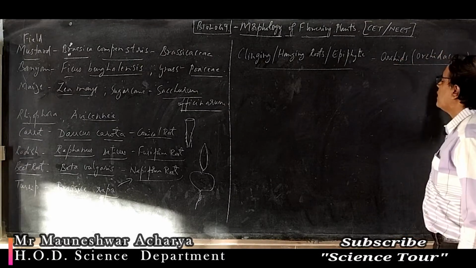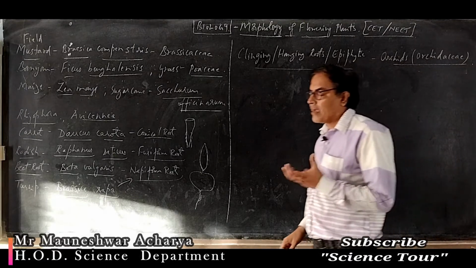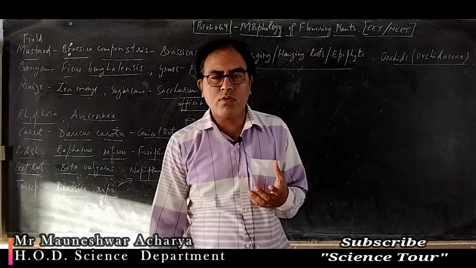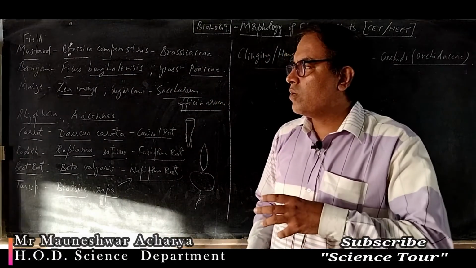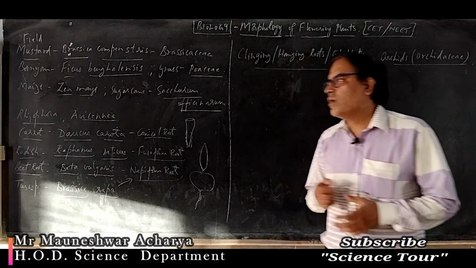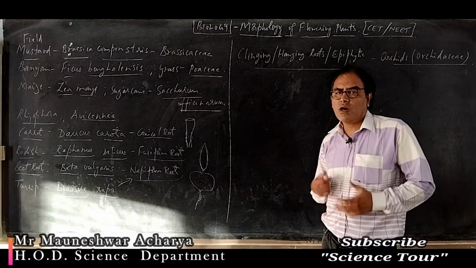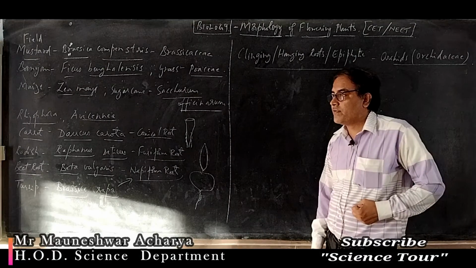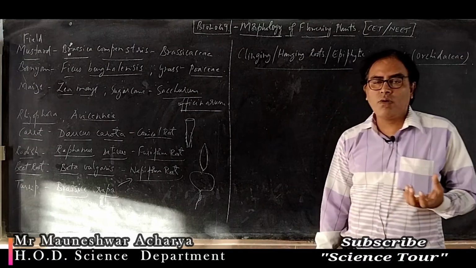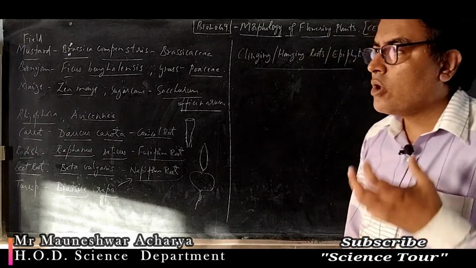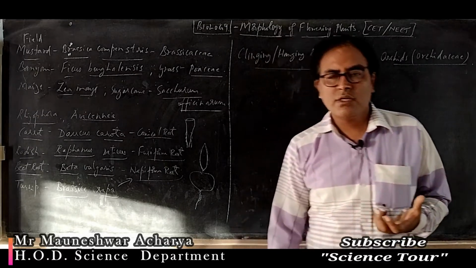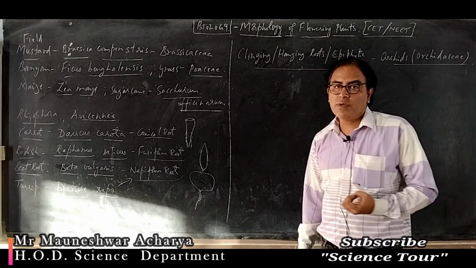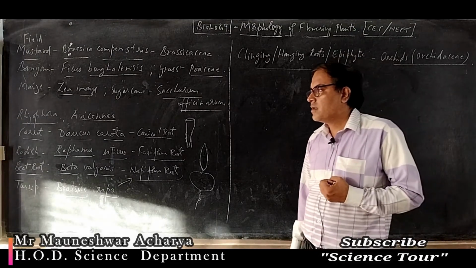Orchids mainly grow on mango tree. It is not harming the mango tree; the mango tree only gives support to the orchids, and orchids directly absorb moisture from the atmosphere. Orchids have chlorophyll and they can synthesize their own food. They are photosynthetic, so they do not depend on the mango tree for nutrition or food supply.